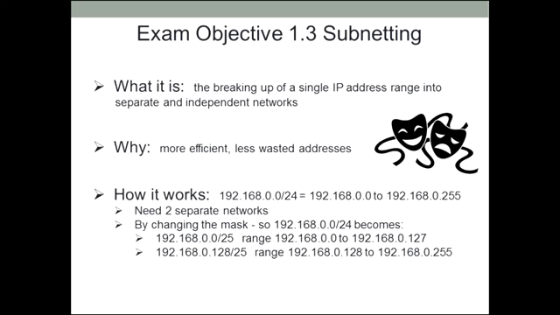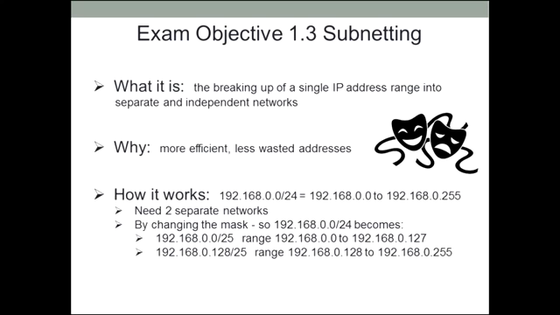So when you break it up using subnetting, 192.168.0.0 /24 actually becomes 192.168.0.0 /25 with a range of addresses of 192.168.0.0 through 192.168.0.127.